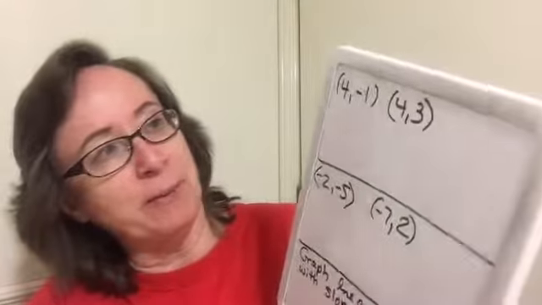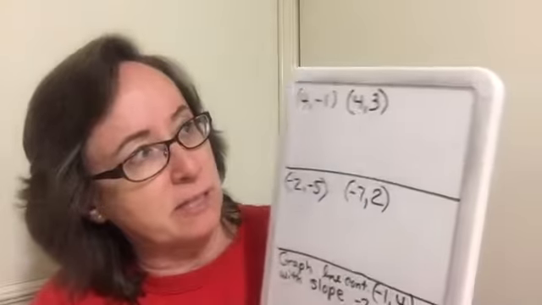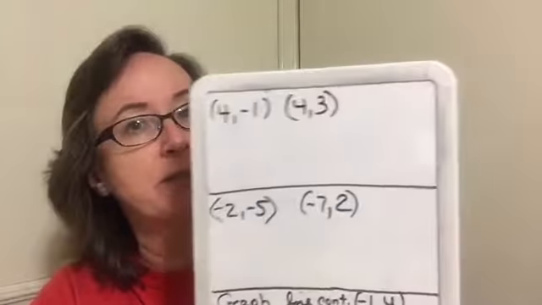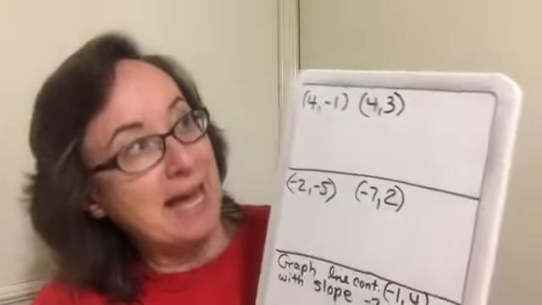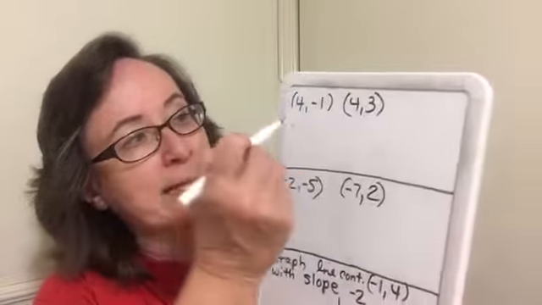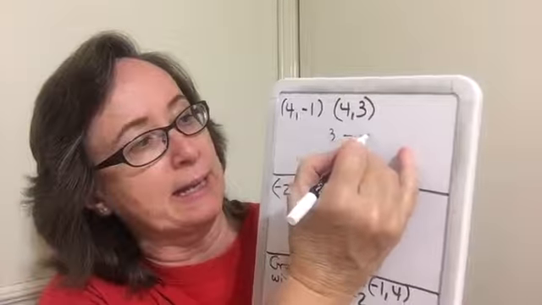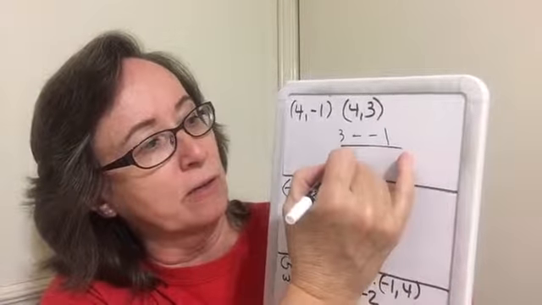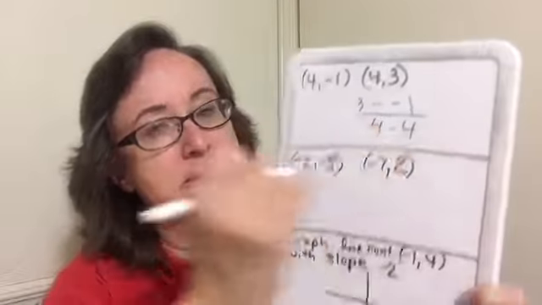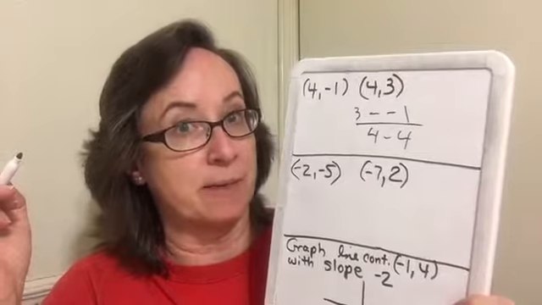All right, so here we have 2 points, and we're going to talk about their slope. Well, notice that the points have the same x-intercept. So basically, when I subtract these, I get 3 take away a -1 over 4 take away 4. Oops. Now I have a 0 in the denominator.